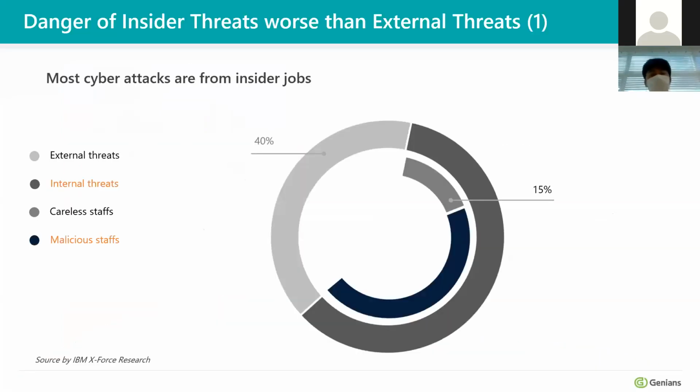I'd like to highlight that the danger of insider threats is worse than external threats. When we visit the customer side and discuss security, most of them are concerned about threats coming from the outside, but actually more threats come from internally than externally.